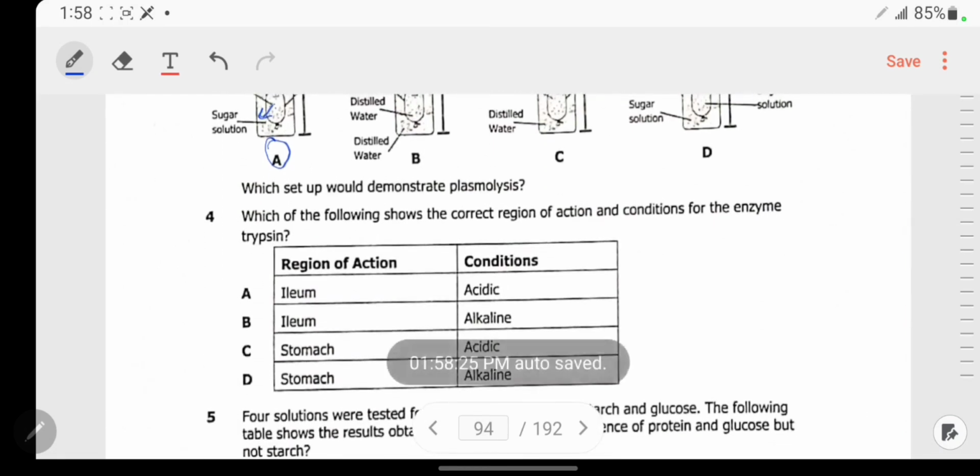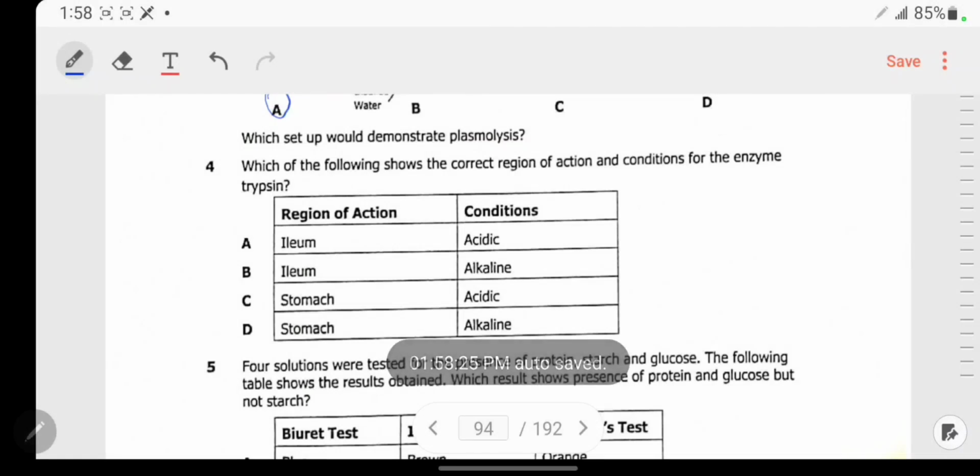Looking at question 4, which of the following shows the correct region of action and conditions for the enzyme trypsin? Now, if we look at trypsin, our textbook says that trypsin is mostly found in the duodenum. So it's after the stomach.